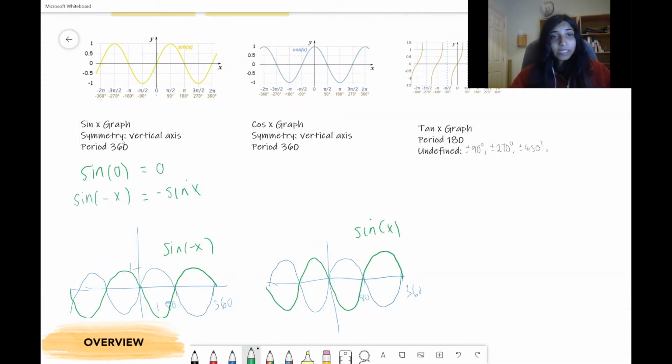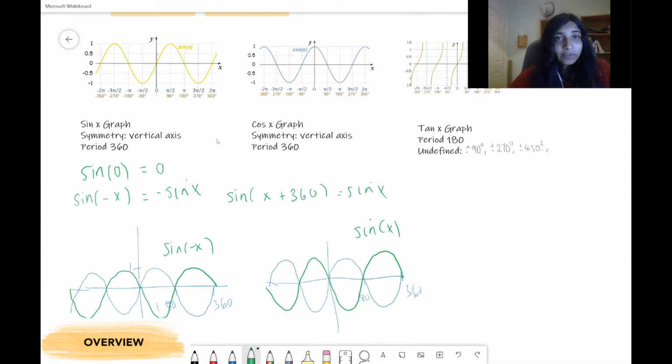And the last property you need to know is that the sine of x graph has a period of 360 degrees. The period of a graph is just how long it takes before it repeats itself. So a period of 360 degrees just means that the sine graph repeats itself every 360 degrees. So if you were to do sine of x plus 360, you would just get sine of x.